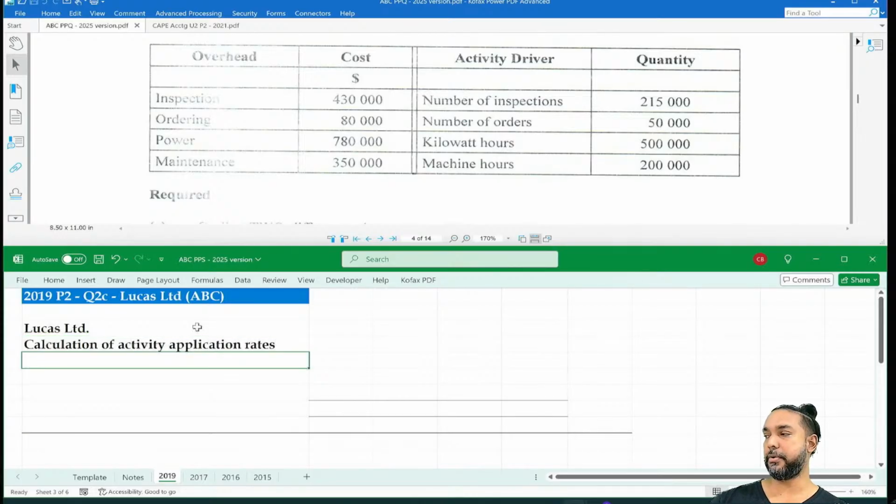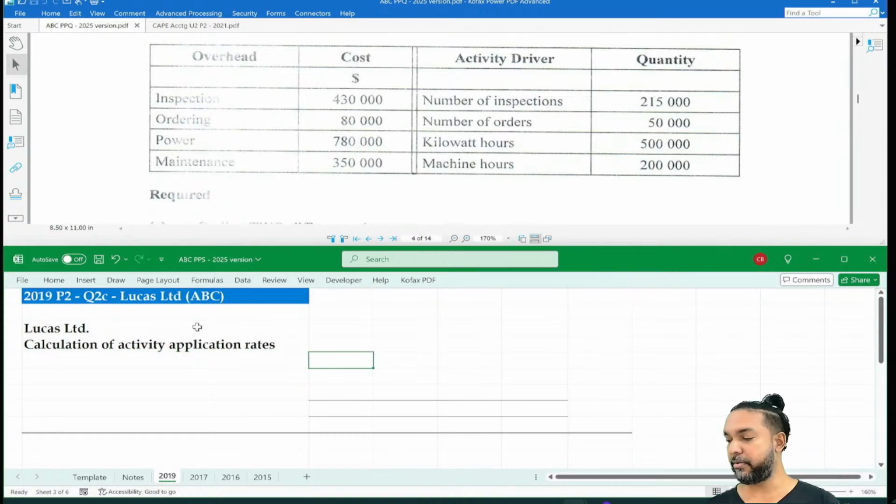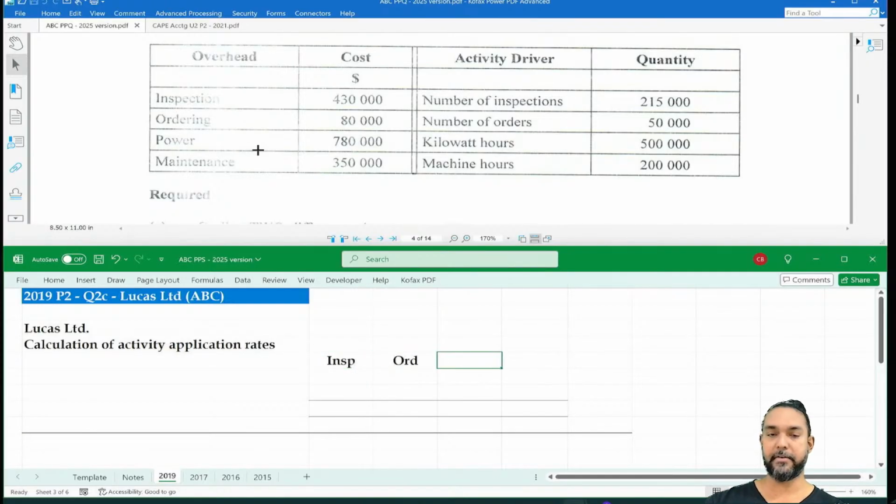Again, that's what I call them; you can call them individual overhead rates or activity overhead rates. We have four items: inspection, ordering, power, and maintenance.